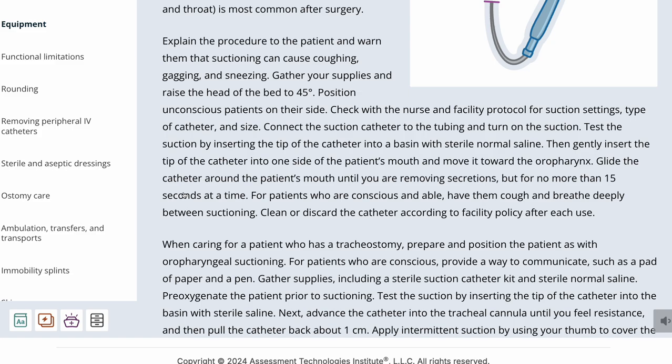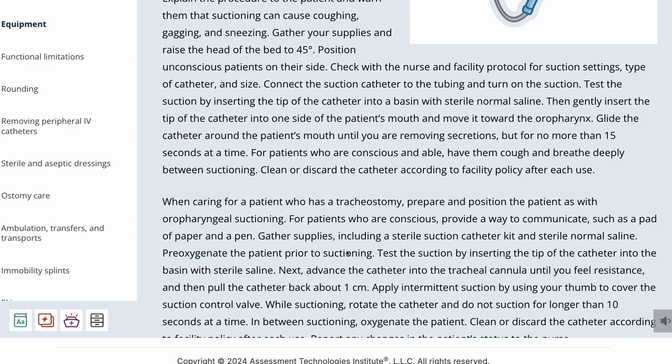This is a good example of something that you may not have seen anywhere yet. It wasn't in a book. It wasn't in your course, but NHA wants you to know this. 15 seconds at a time. Clean or discard the catheter after each use. You might have to get a new one. Usually they're good for about 24 hours.